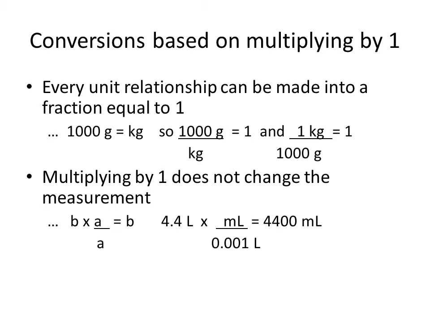So how can we get a fraction equal to 1? We can use an equivalency statement. If we look at this equivalency statement, you can see that 1,000 grams is equal to a kilogram.